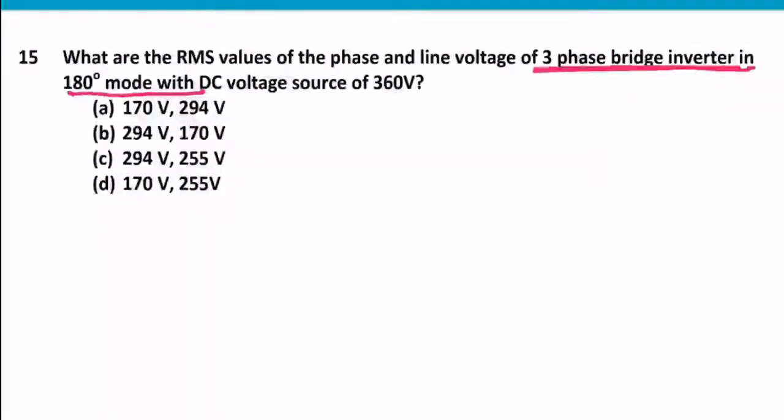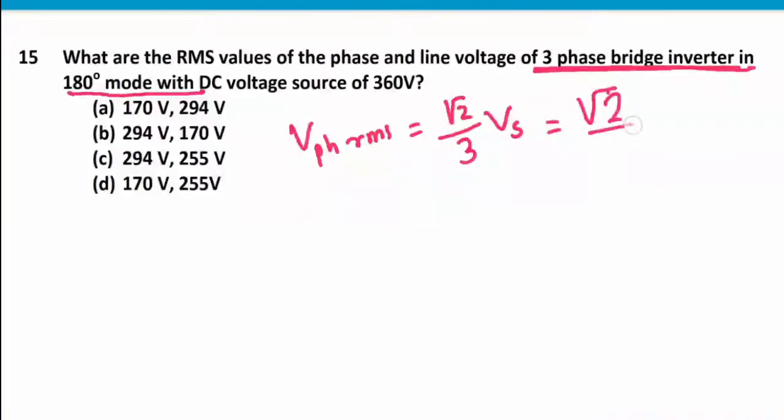It also has a 120-degree mode, and in case of 180-degree mode, the V phase RMS value is given as root 2 by 3. Please refer to the book for this formula. I am writing the formula directly. It is root 2 by 3 into 360.